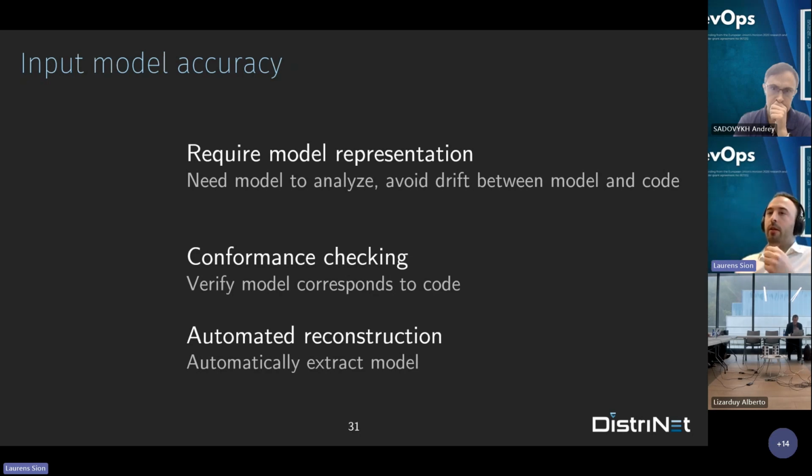So you could try to detect whether there's some drift or some changes that are not accurately reflected in the model. And then a more automated approach to fully reduce effort would be automated reconstruction based on source code analysis as well. And that would, of course, avoid that initial modeling effort altogether.